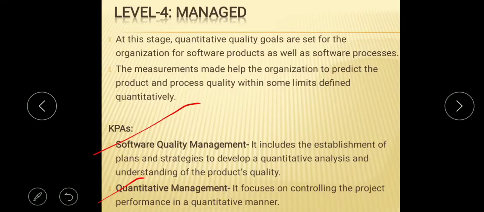According to software quality management, it includes the establishment of plans and strategies to develop a quantitative analysis and understanding of the product's quality. And quantitative management, if we say, it focuses on controlling the project performance in a quantitative manner. The next level of CMM is level 5, and that is optimizing.